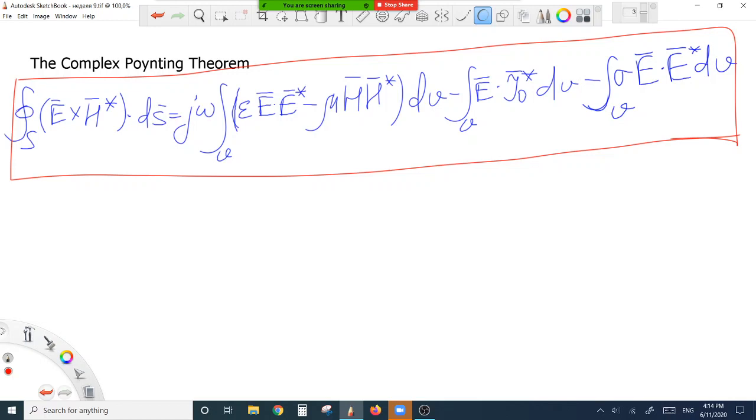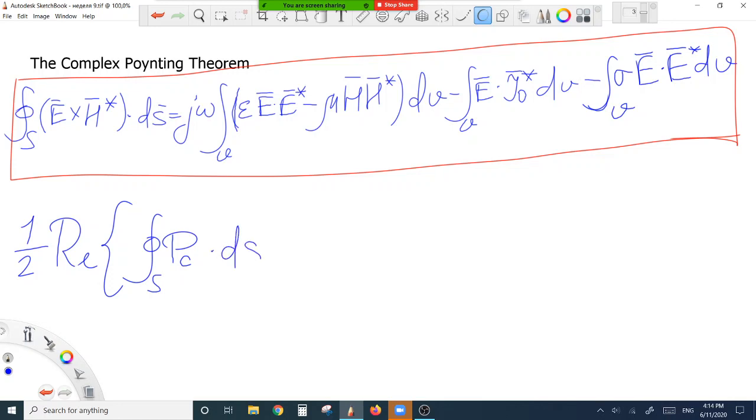It is therefore more useful to write this relation as two terms as follows. One half of the real part of the integral over the closed surface of the complex Poynting vector dS is equal to this part.